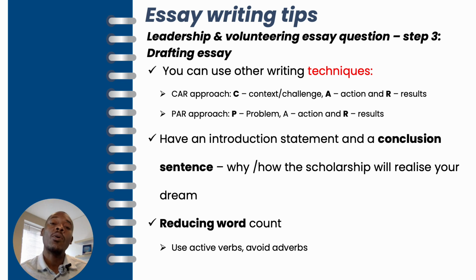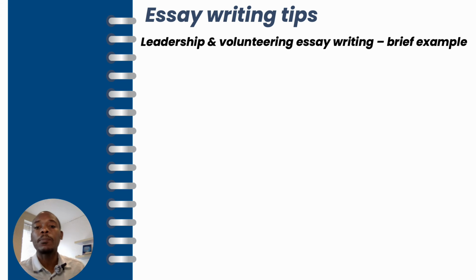This helps to be more clear and also to ensure that you do not write long sentences. It will help you reduce your word count. You can also use synonyms. By using synonyms, you will also be able to reduce that word count.